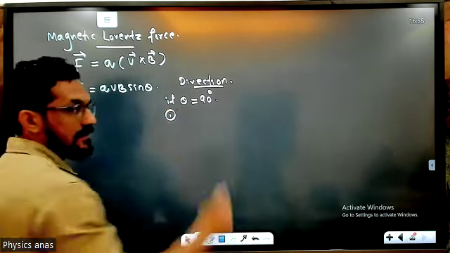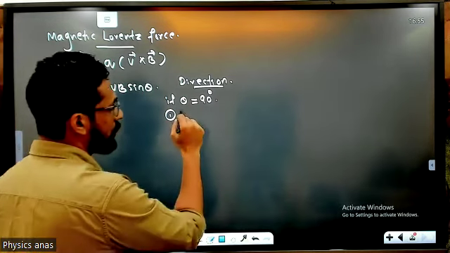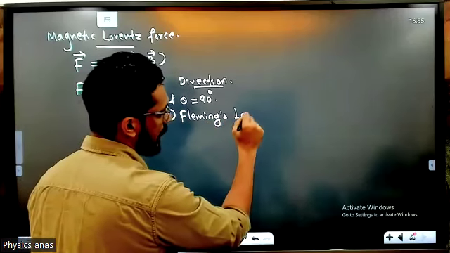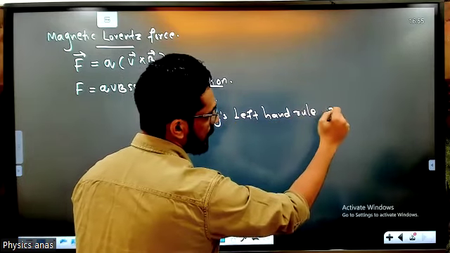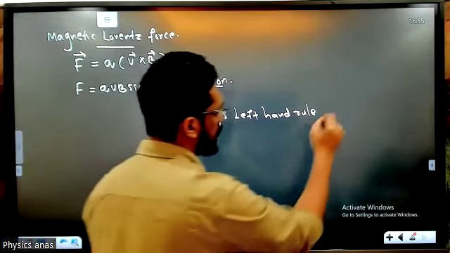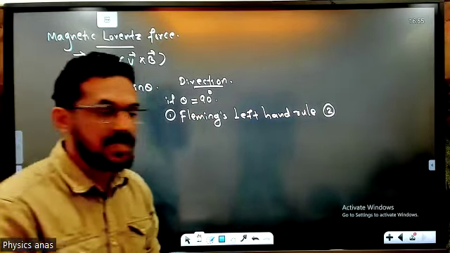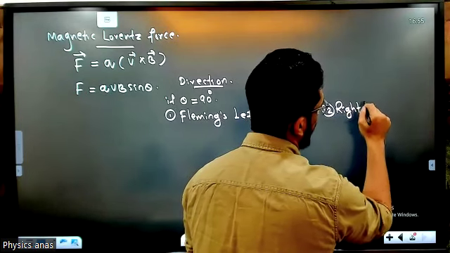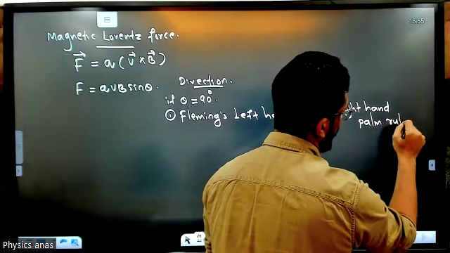The first rule is Fleming's left hand rule. I will write the second rule also, but we will be discussing Fleming's left hand rule only. That will be enough, I think. Second one is right hand palm rule.